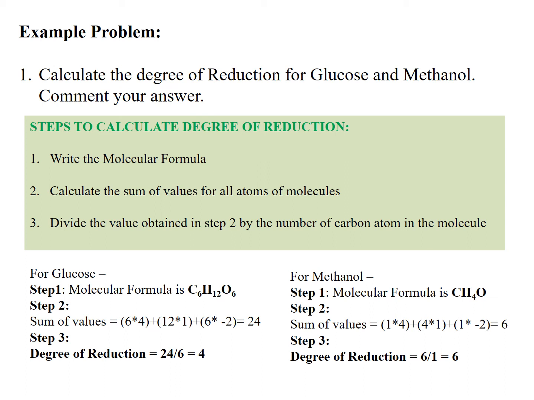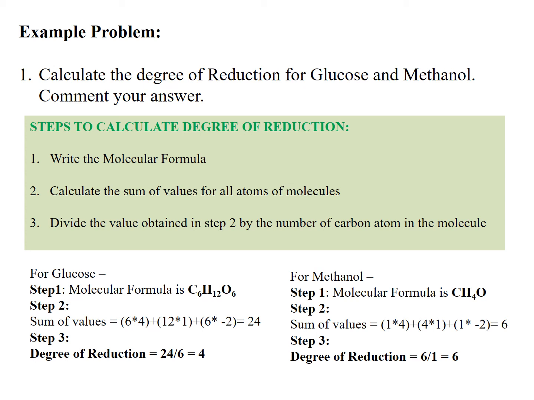Here we will calculate the degree of reduction for glucose and methanol. First we will solve for glucose. We all know that the molecular formula for glucose is C6H12O6. The next step is to find the sum of values. Consider the carbon atom, given as C6. We multiply 6 by the valency of carbon, which is 4.